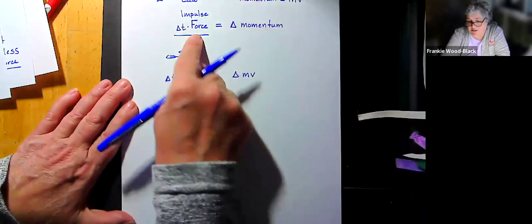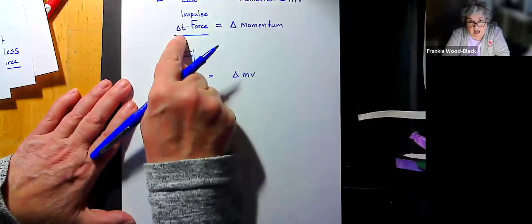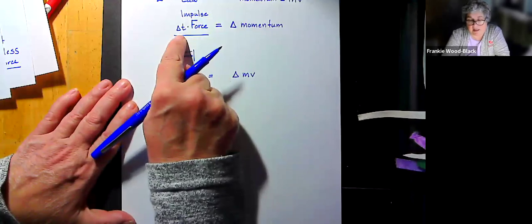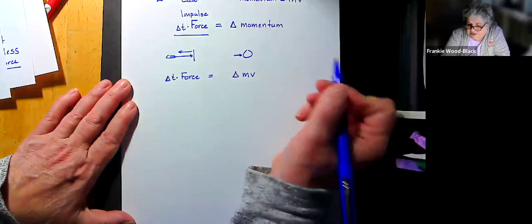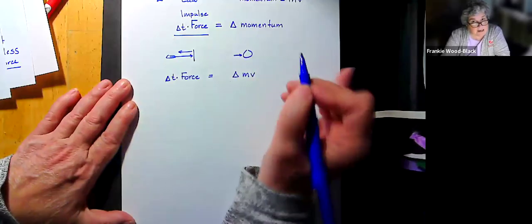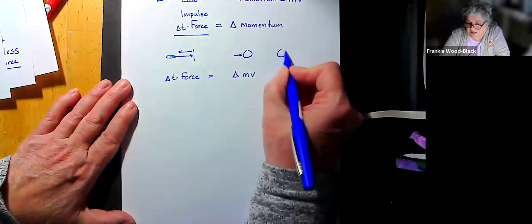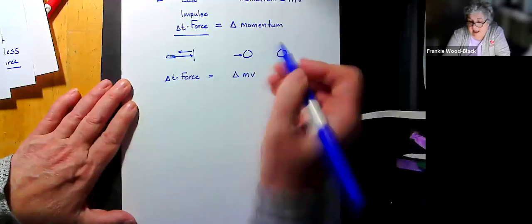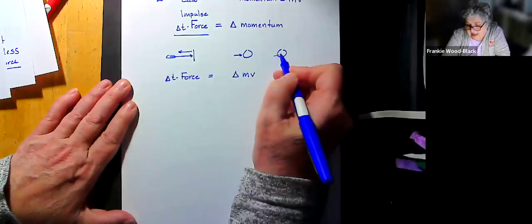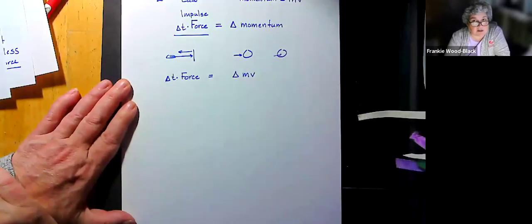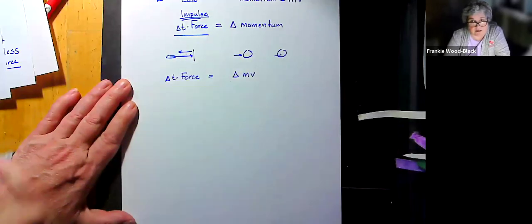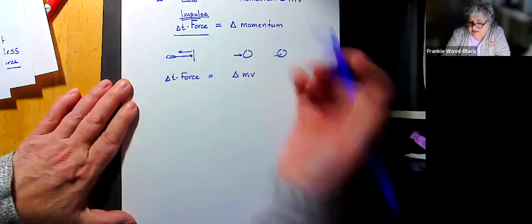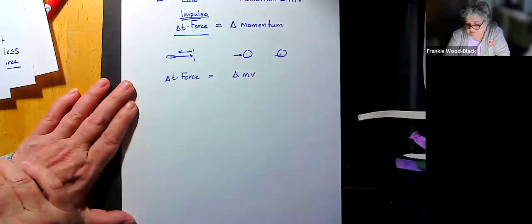And my impulse is the force times the time that it's being applied. And if you're a soccer player, you understand the difference, because if I give it a quick jab, I have a different impulse than if I do a little tap. And the longer I'm in contact with my ball, the bigger the change I'm going to get. So this impulse is my force times my time, and there's my change in momentum.